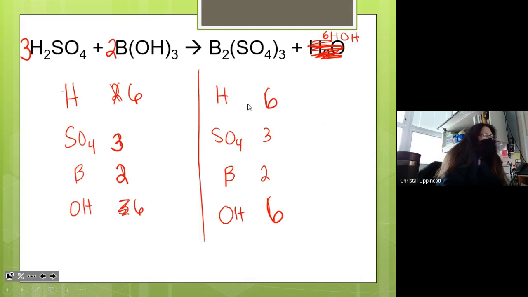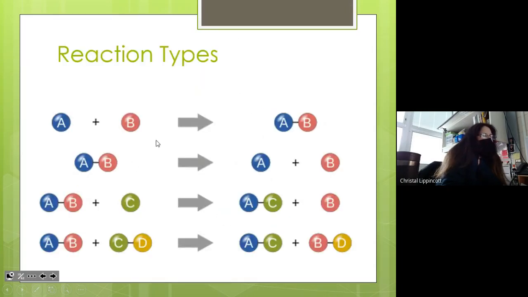So once we're done with that, we're going to start going through and looking at these reaction types. And this is essentially what I wanted you to do for your drawing that I had to do on Thursday. But I wanted you to do it with people or items or something like that.